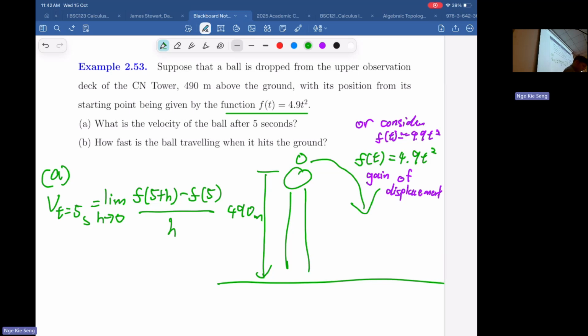So we want to find the velocity after 5 seconds, maybe somewhere around here. You need to consider all the tangents, the limit of all the secants. Hopefully you can see what I'm trying to do here.